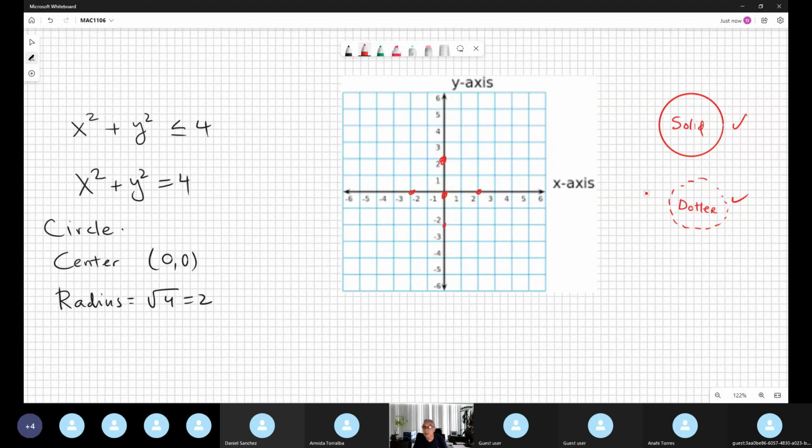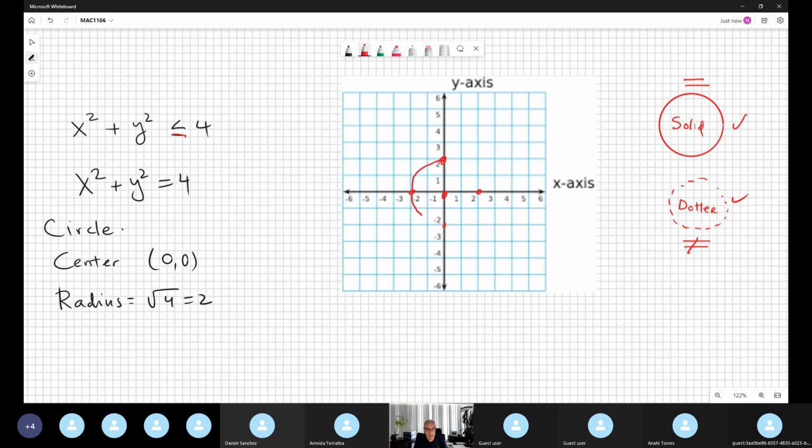Remember, solid is when you have an equal sign in the problem, and dotted is when you have no equal sign in the problem. And my problem has an equal sign. Do you see? Therefore, my circle is solid.